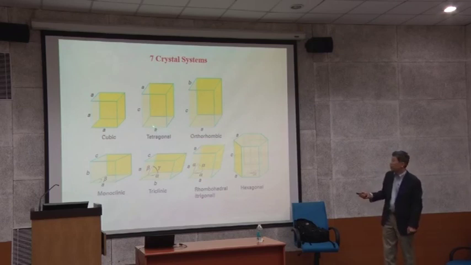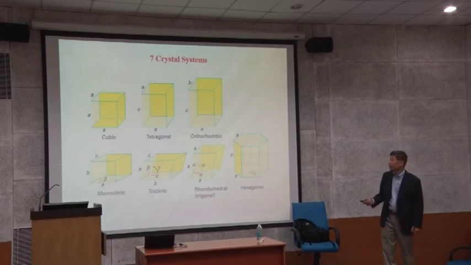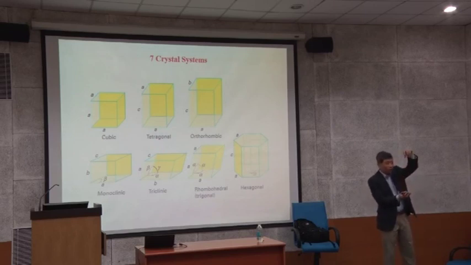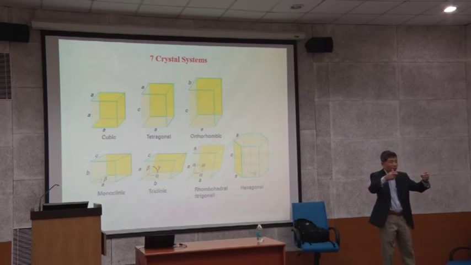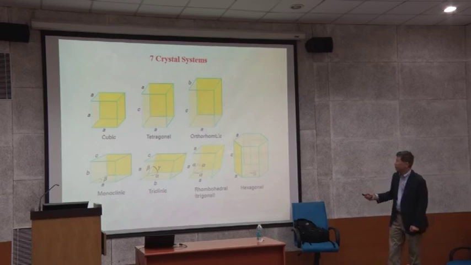Tetragonal, a and b are the same, but c is not the same. So that's your tetragonal. And then your orthorhombic, you have a stretch one way, then one more time this way. Orthorhombic, orthogonal, all the principal axes 90 degrees, 90 degrees, 90 degrees, all orthogonal directions, and then you get a, b, and c all different, and the angles all the same, 90 degrees.